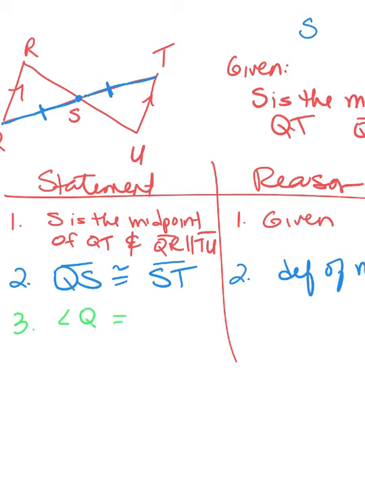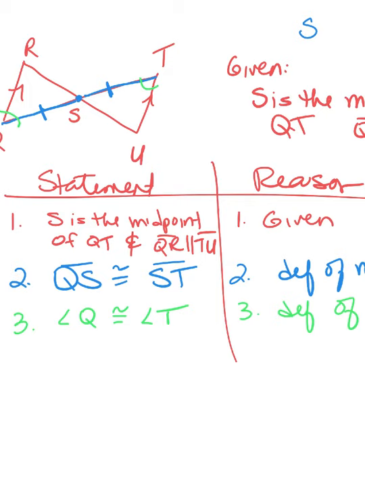Angle Q is congruent to angle T. So let's mark that in green. And that's definition of alternate interior angles, which says if lines are parallel, then the alternate interior angles are congruent, okay? And I'm okay with you putting definition of alternate interior, but that's really the reason.